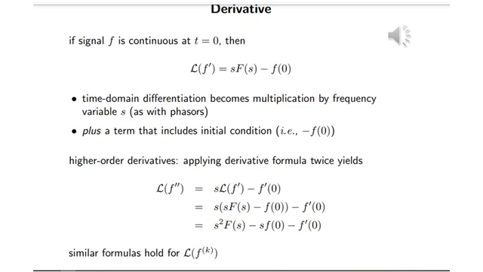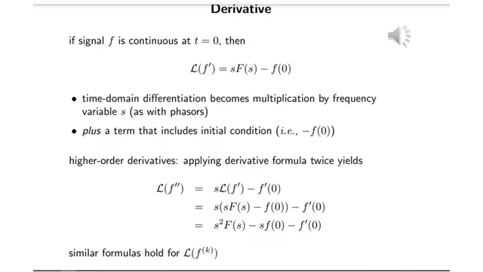So the point is that time domain differentiation becomes multiplication by the frequency variable s, as with phasors, plus a term that includes the initial condition, that is minus f at 0, where f is the signal in the time domain and 0 is its initial condition: when time is equal to 0, what is the value of f. That will be substituted here.